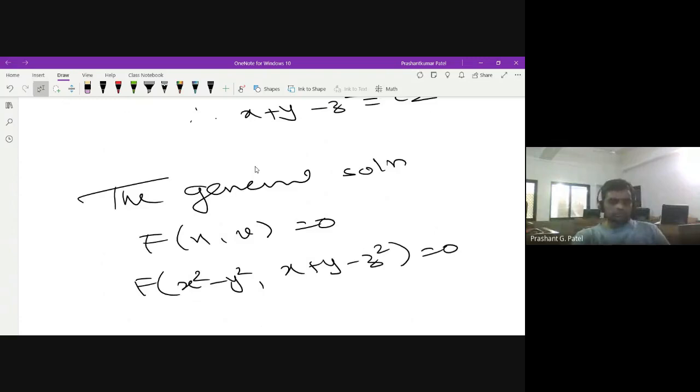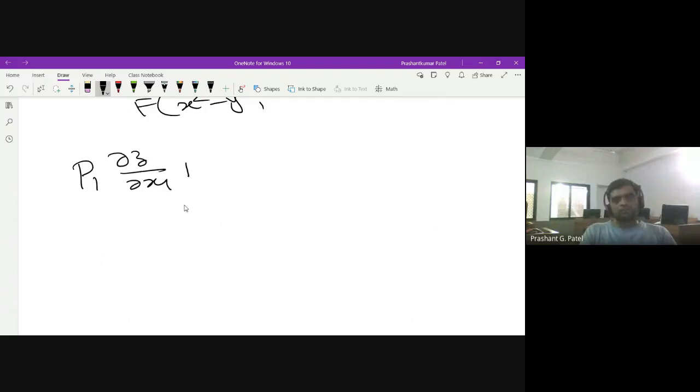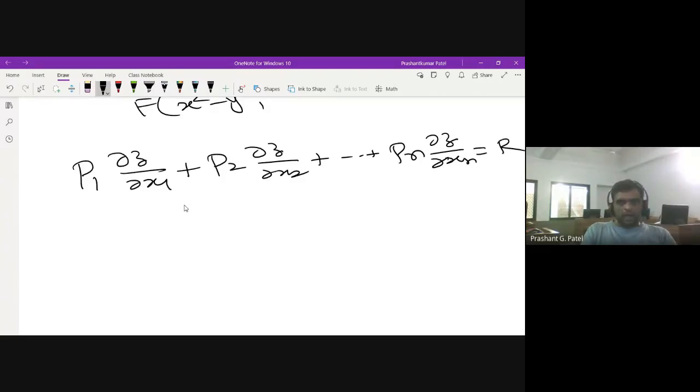And also this theorem which we have discussed is valid not only for 2 variables, it's also valid for n variables. That means you have a differential equation of this type, p1 del z by del x1, p2 del z by del x2, and so on up to pn del z by del xn, equal to some r.